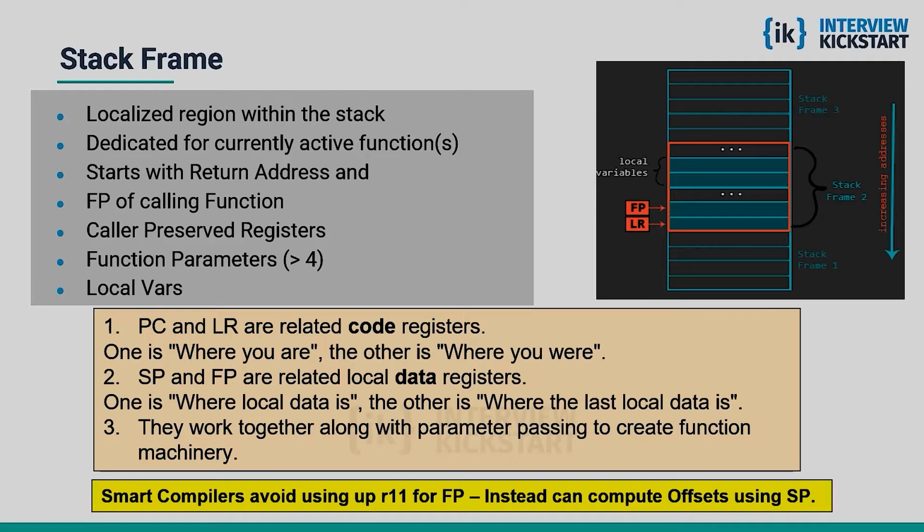The stack frame, starting from its bottom, generally contains the return address, the previous frame pointer of the calling function, any registers that need to be preserved, and function parameters. These are all part of the prologue.